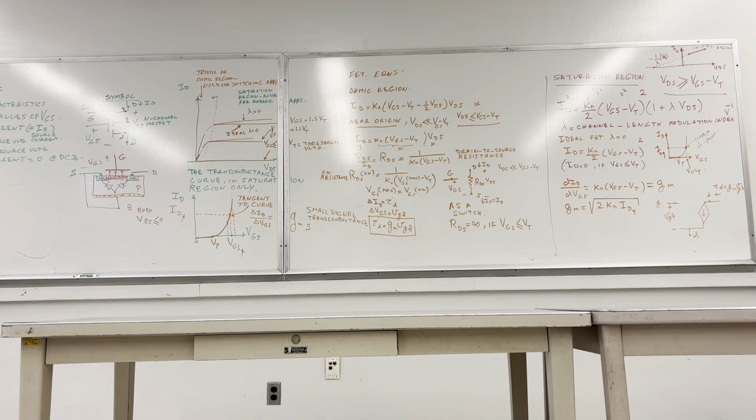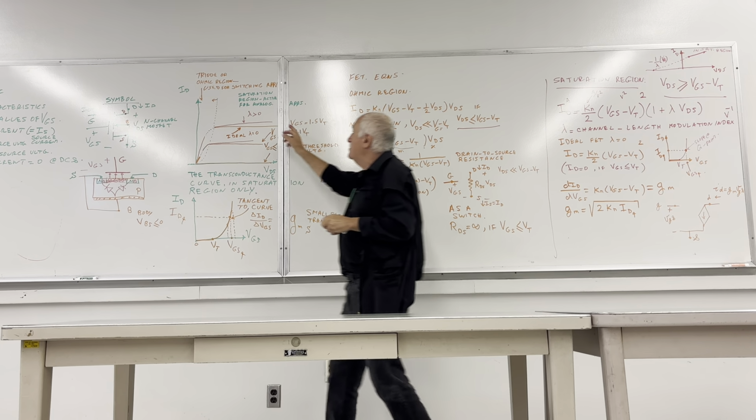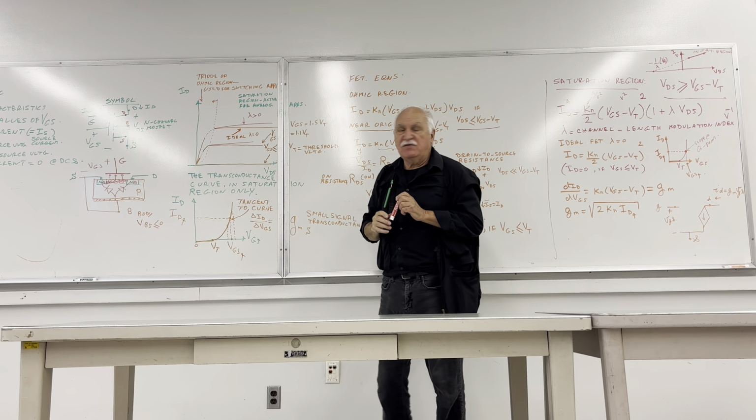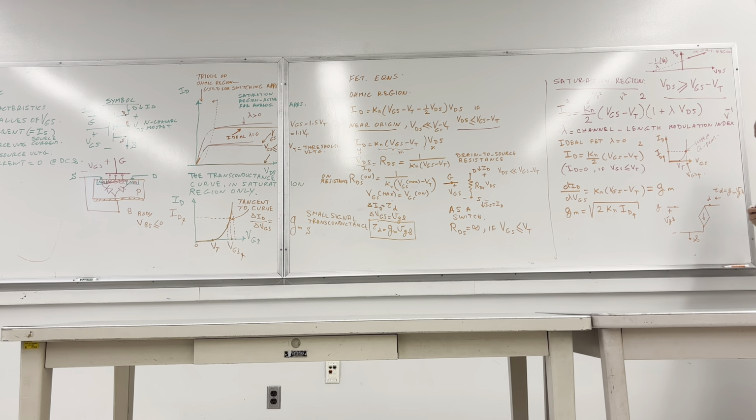However, if you happen to have lambda here, it is possible to show that you can add a resistance between these 2 points known as RDS.